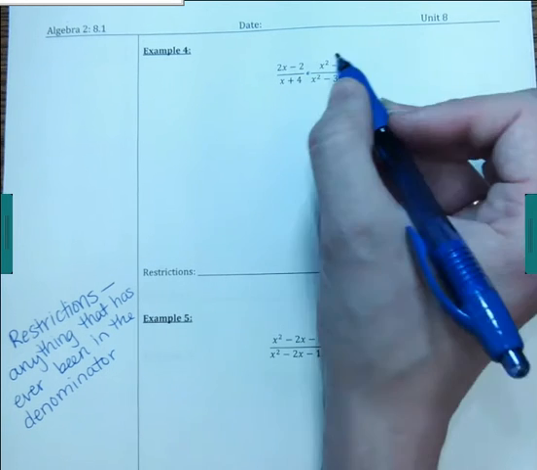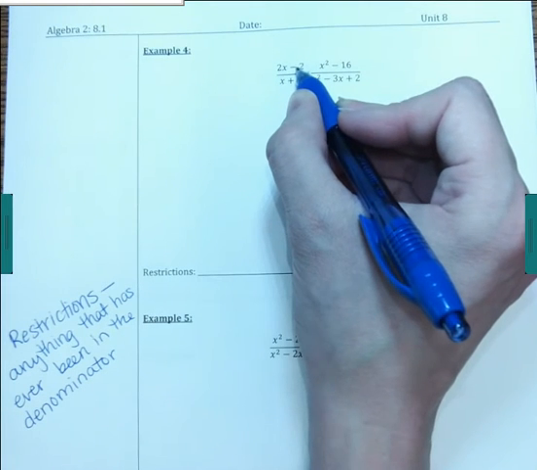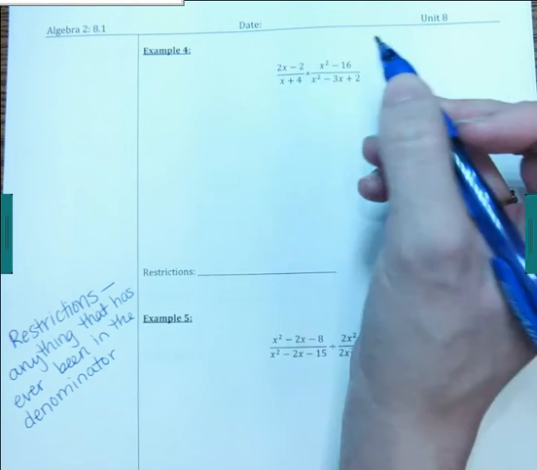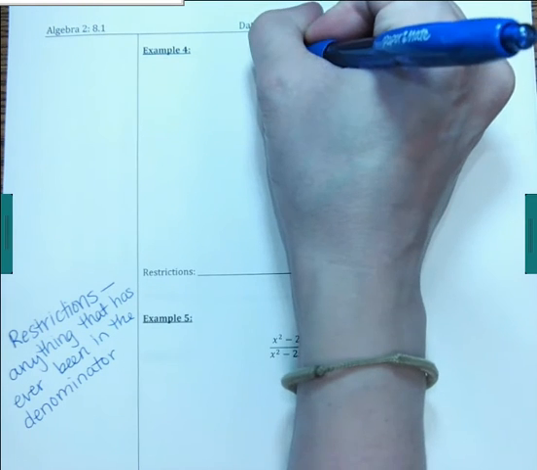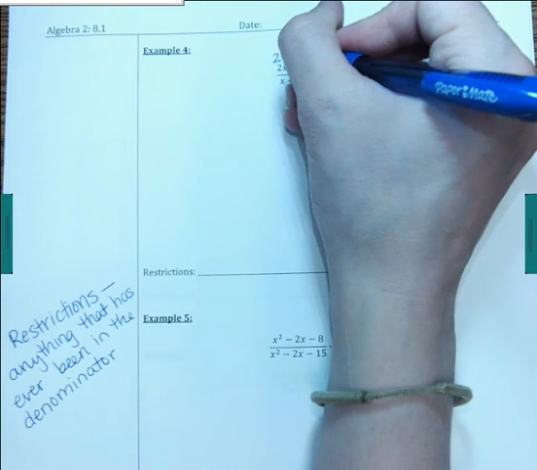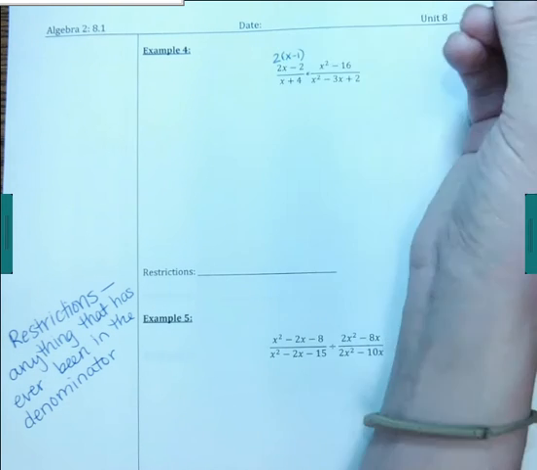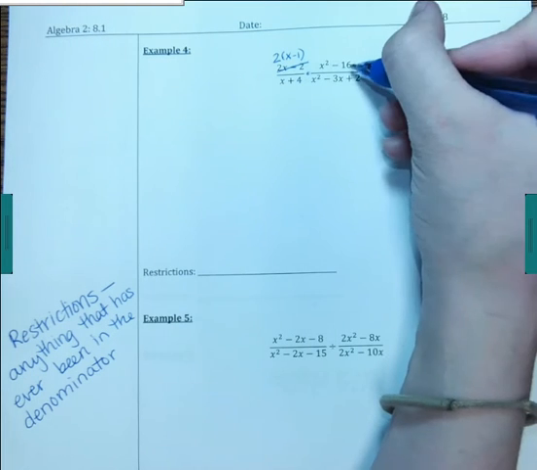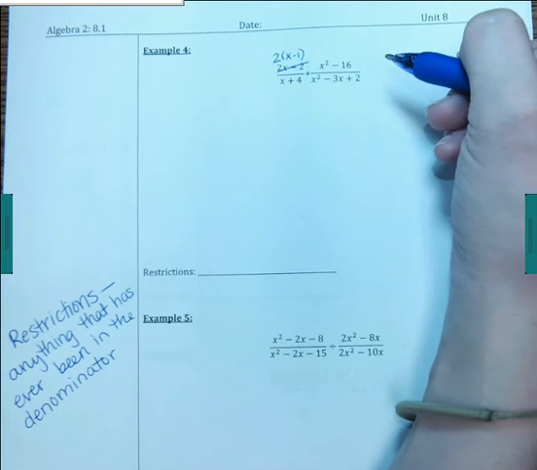So, let's start factoring. 2x minus 2, that has a GCF, a greatest common factor of 2. So I take out the 2, 2x divided by 2 is just x, -2 divided by 2 is -1. x squared minus 16, that is a difference of squares.